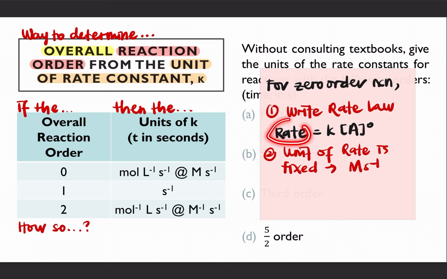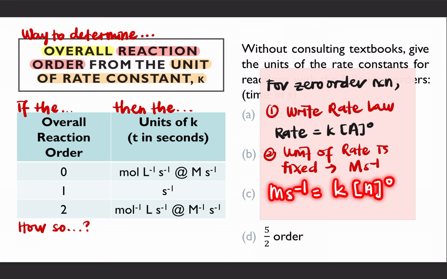So from here, you write molar per second equals K. You want to find the unit of your K. A to the power of 0, anything to the power of 0, will be equal to 1.